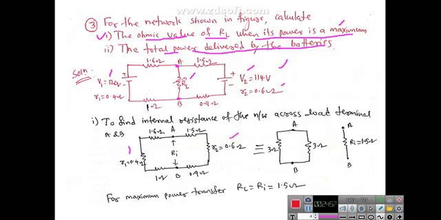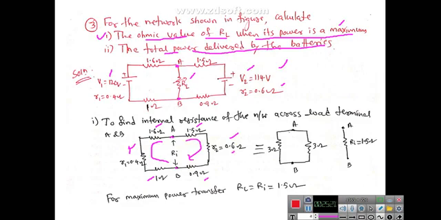So now you can find the resistance between the terminals A and B. What happens here? This 1.6, 0.4 and 1, those three are connected in series between the terminals A and B. Similarly 1.5, 0.6 and 0.9, those three are connected in series.